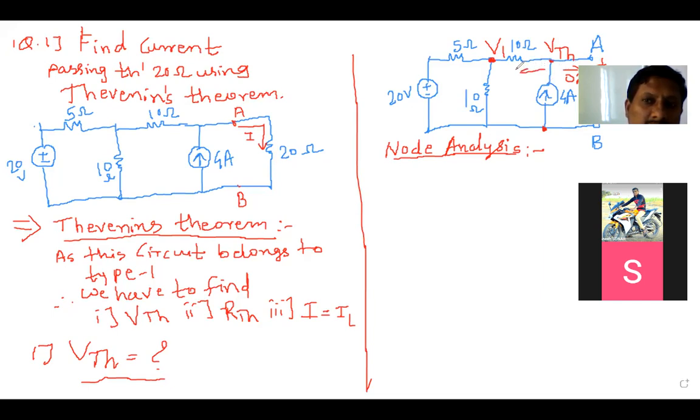How much current on the left side? 4 ampere. So this current will flow in the left hand side. Okay, so you can remember that.